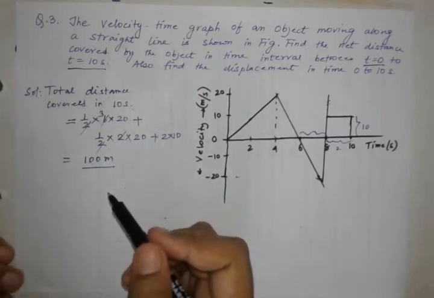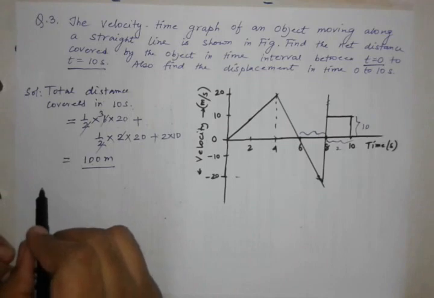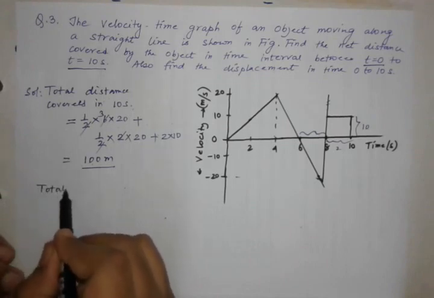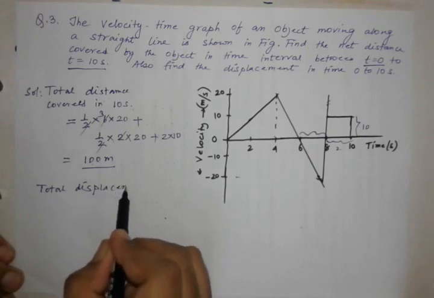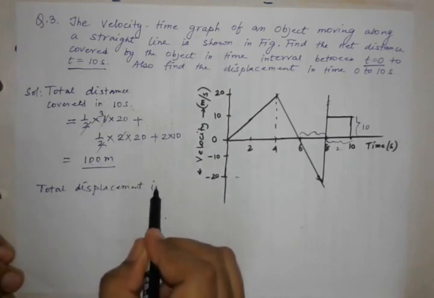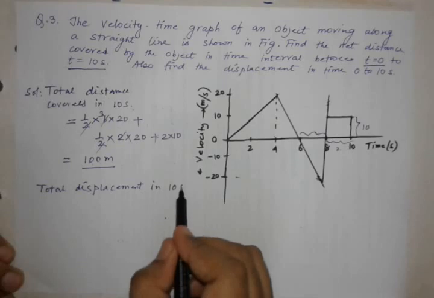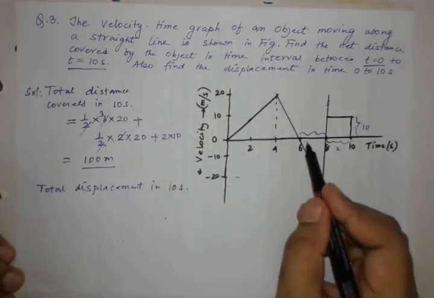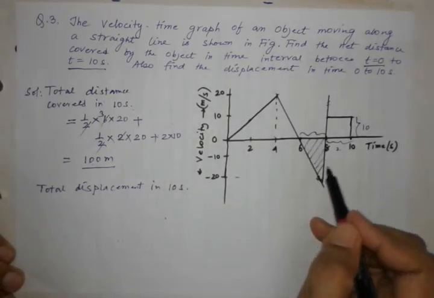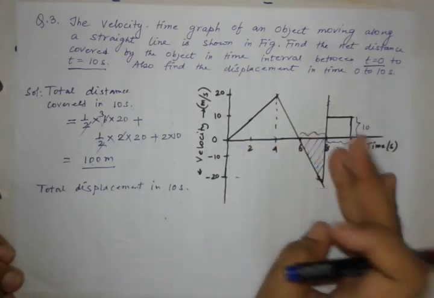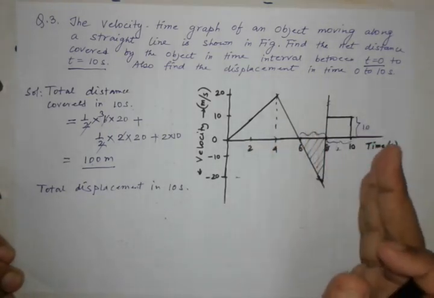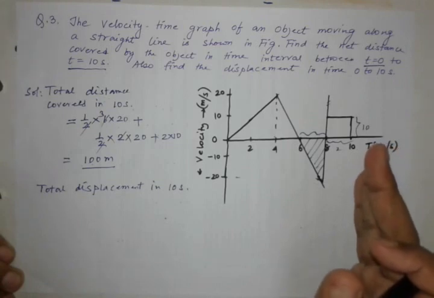Okay, now total displacement in 10 seconds. What do you do? You have to subtract this one because this is negative. Okay, so displacement means you have to minus this because this much distance the object has returned.